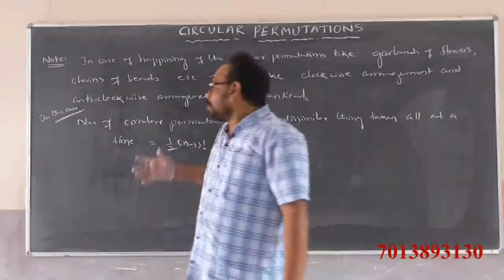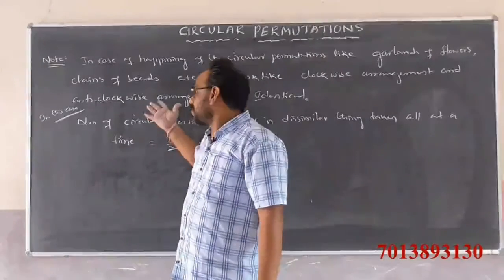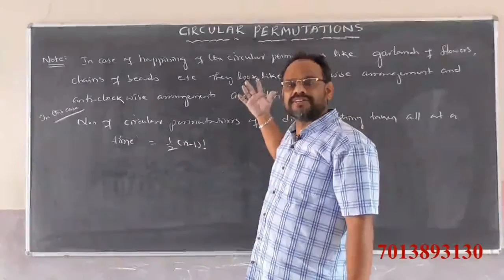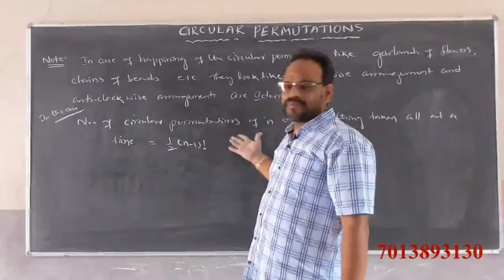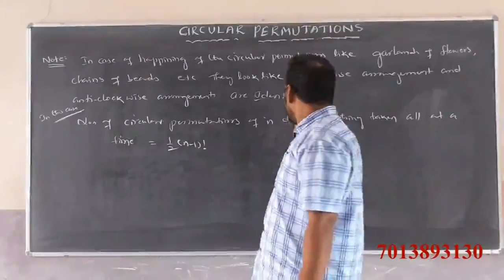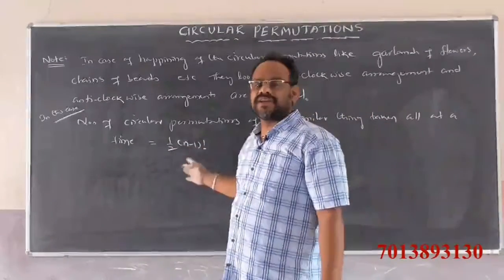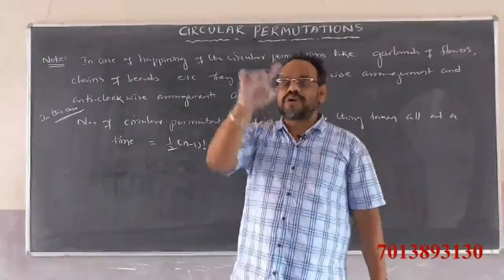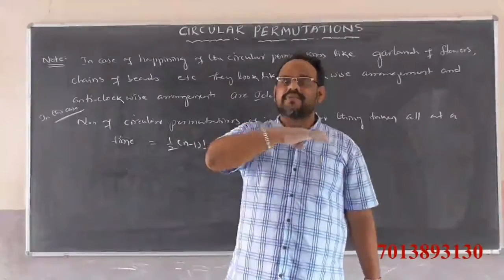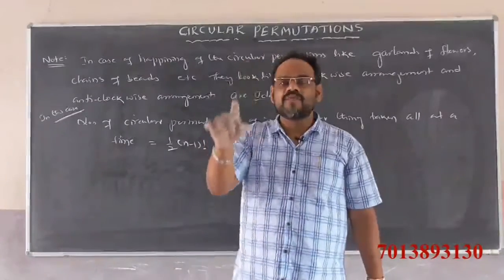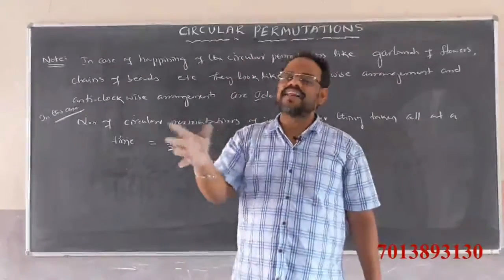So how do we find the number of circular permutations in garlands or chains of beads? For n dissimilar things taken all at a time, we get half of (n minus 1) factorial. That means consider taking only one direction, either clockwise or anti-clockwise.